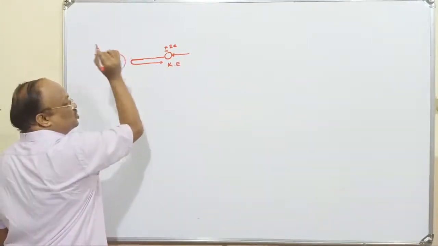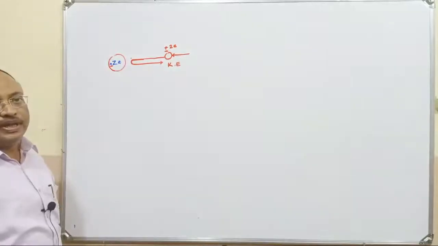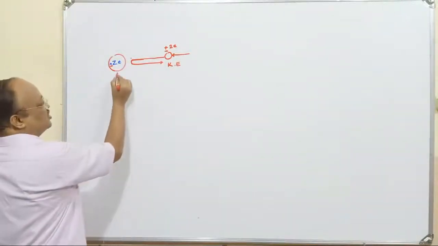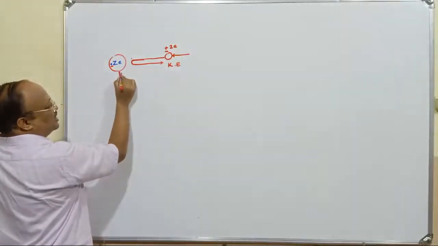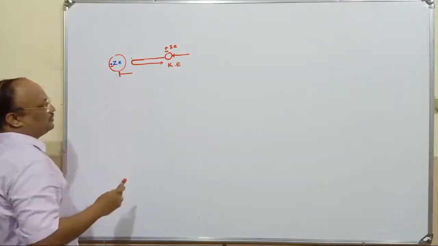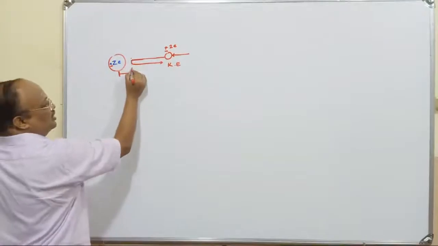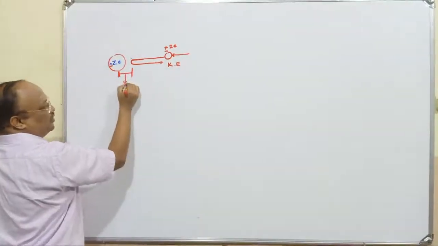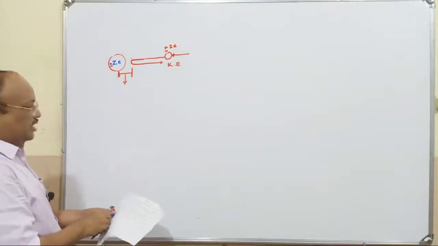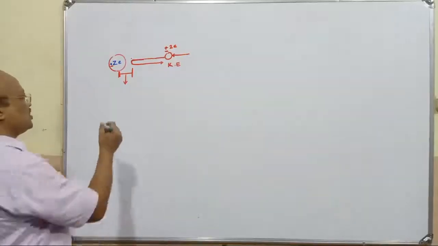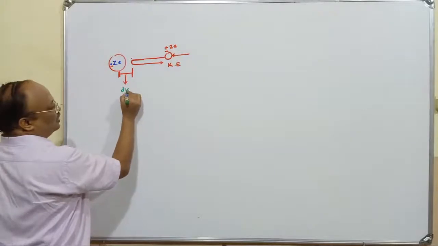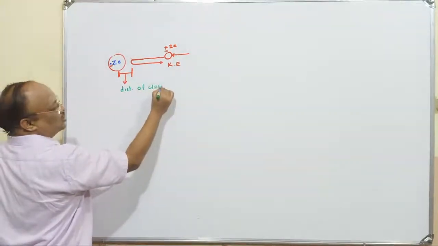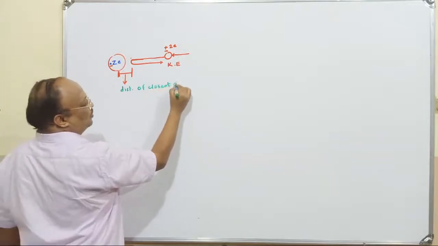There it stops. And this separation between these two, we say as the distance of closest approach.